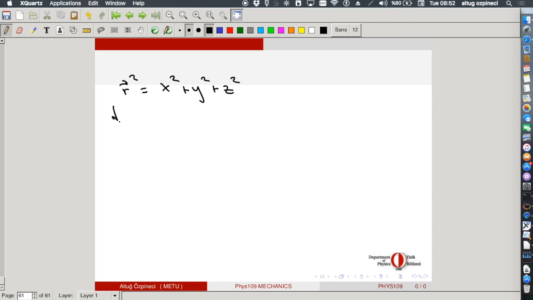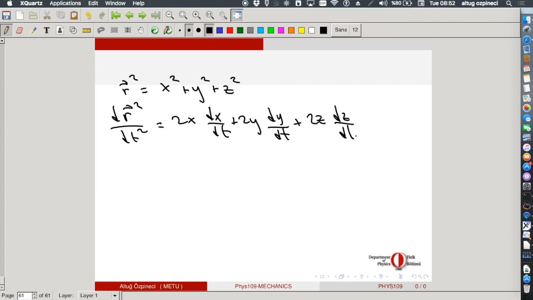If you take the time derivative, this will be twice x dx by dt plus twice y dy by dt plus twice z dz by dt. I'm just taking the derivative of each one of the terms. Yes, questions?